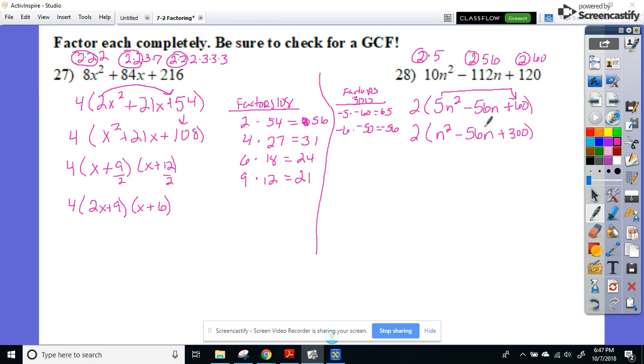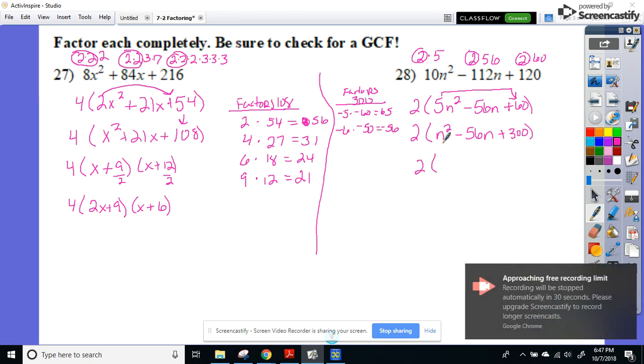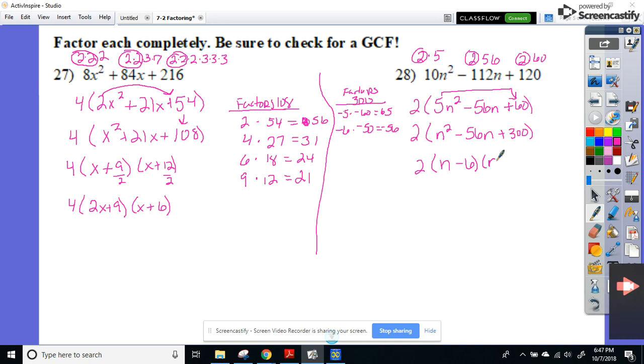Exactly what I needed. So I know that this thing factors. Negative 6 and negative 50. Got to divide by 5, which is what I multiplied by. And I will come back and finish this problem with the next video.